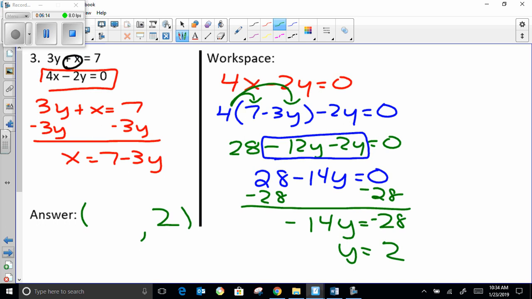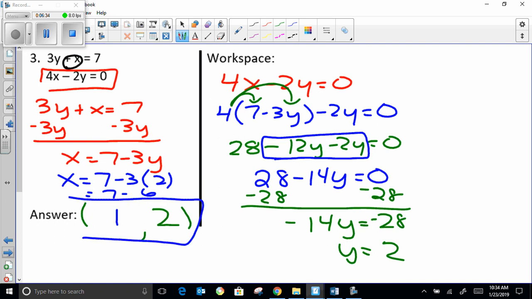To find out what x is going to equal, I'm going to substitute y into my expression, because x is equal to 7 minus 3 times y, which is 2. That gives me 7 minus 6. x is going to equal 1. So my answer for number 3 should be ordered pair 1, 2. I have one solution.